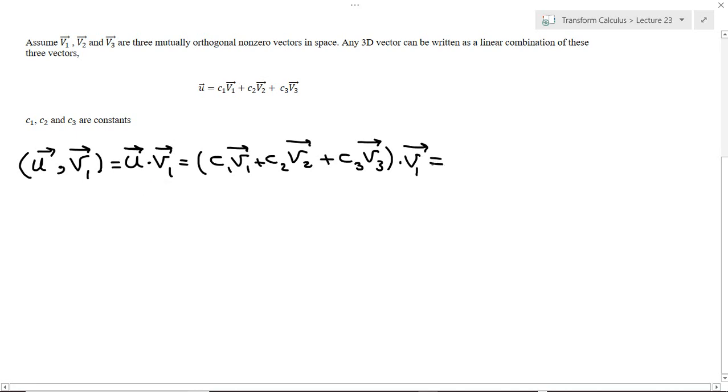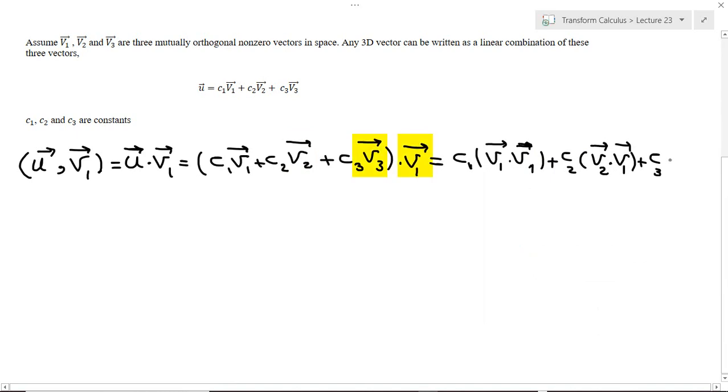So it's based on properties of the inner product. So we have C1 V1 dot V1 plus C2 V2 dot V1 plus C3 V3 dot V1.